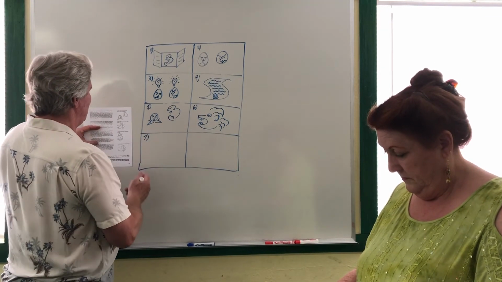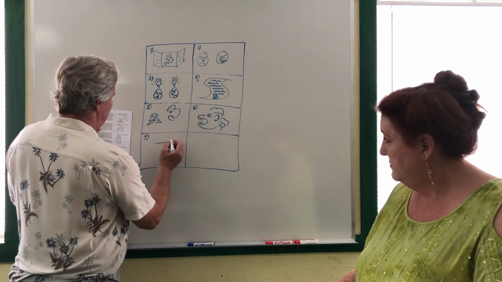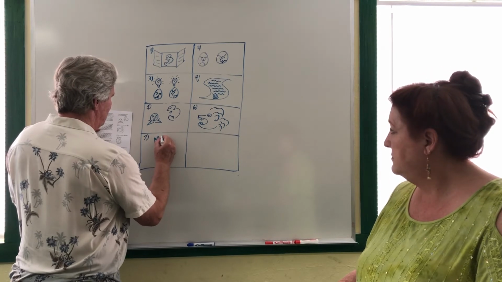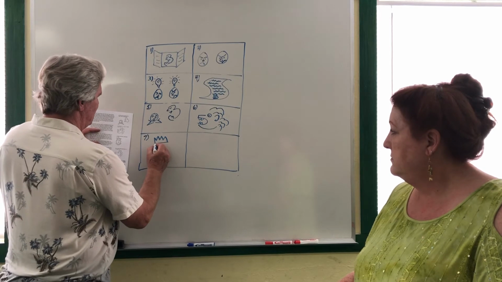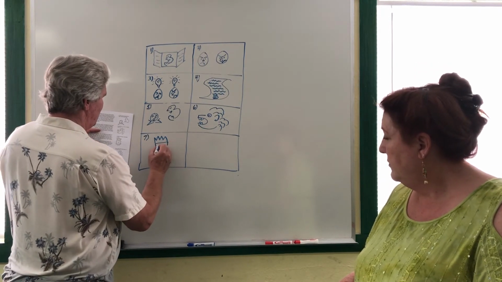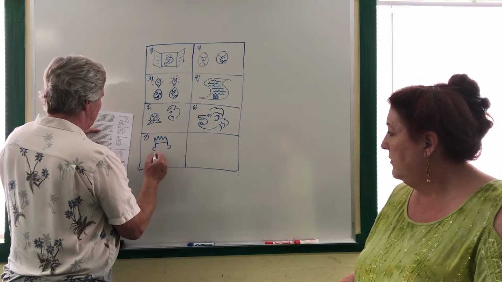Alright, moving on to number 7. We're going to draw a straight line. And then we're going to do this. Oh, okay. We're making a crown. That's a crown. We're going to be drawing the king here right now. Oh, I see. So we're drawing his ears.